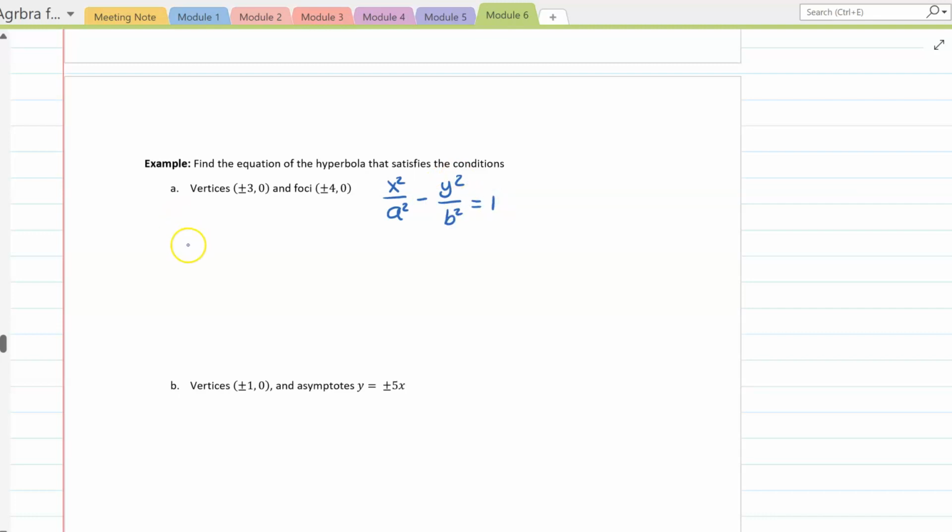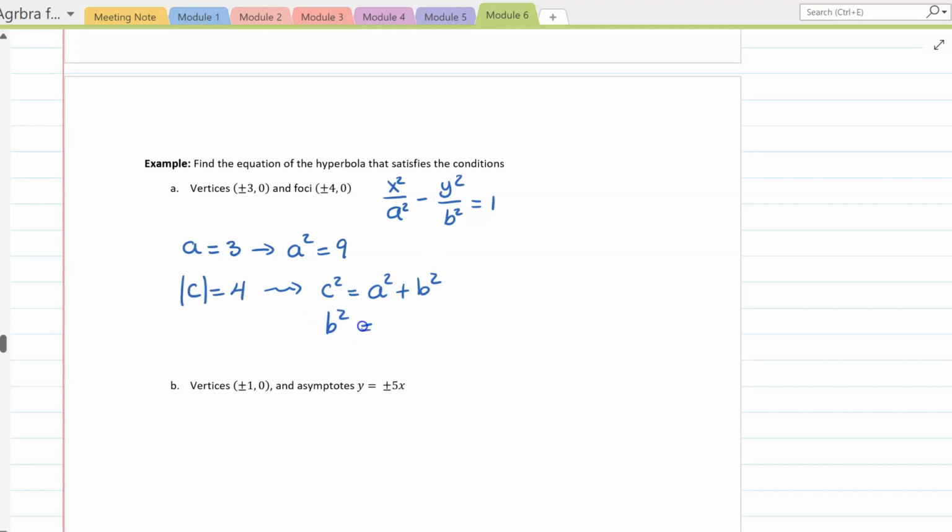Okay, so here we know that a is equal to 3. This tells us that a squared equals 9. We are given the absolute value of c equal 4. And we know that c squared is equal to a squared plus b squared.